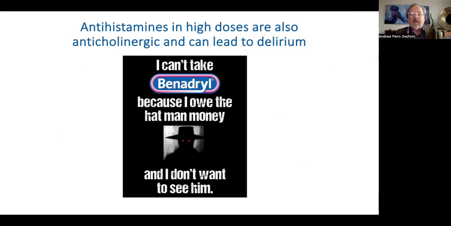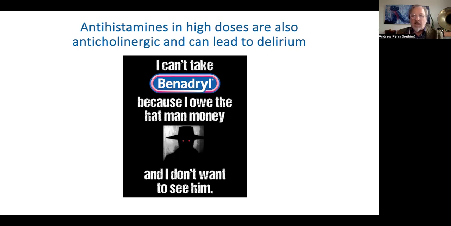Also, it's worth noting that if you've ever worked in a med-surg setting, you've probably had older people admitted for altered mental status who had maybe been taking large doses of antihistamines in addition to possibly other anticholinergic drugs, such as Ditropan. If you block enough histamine receptors, you have to deal with the anticholinergic side effects of that.